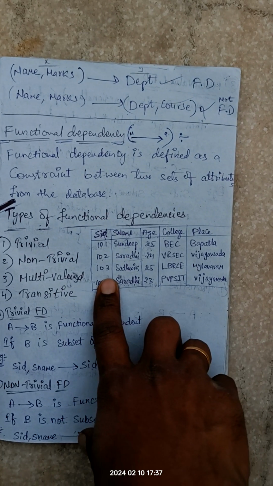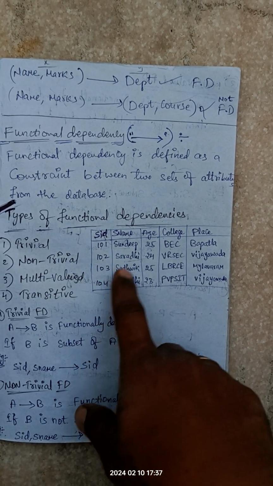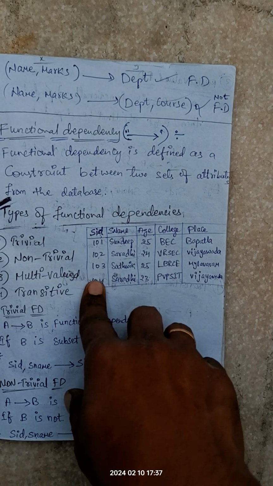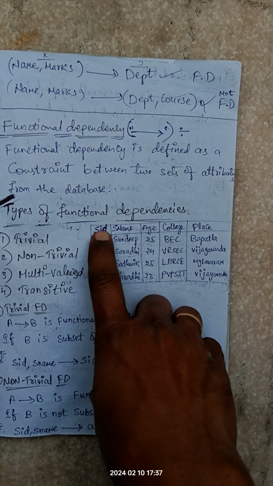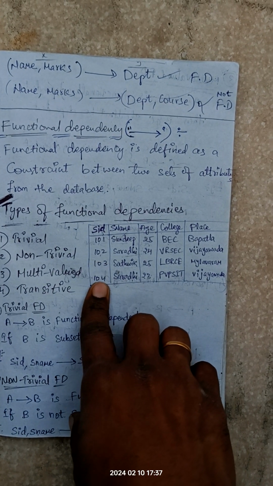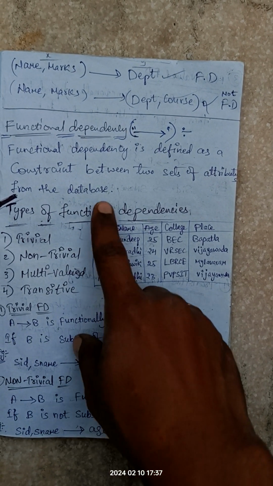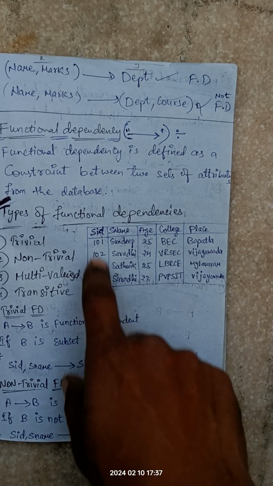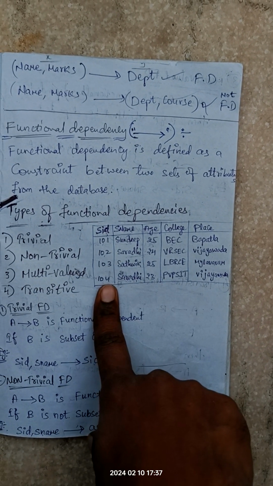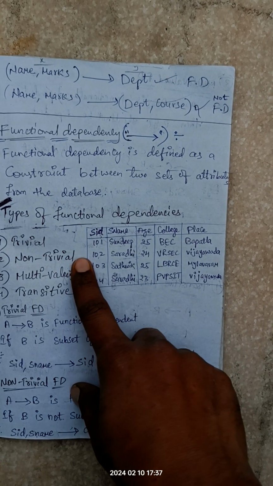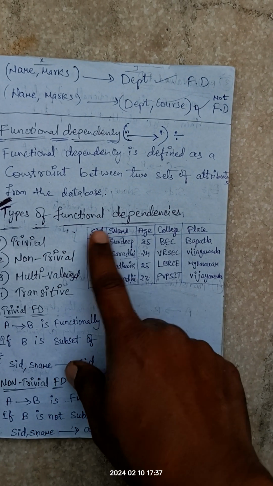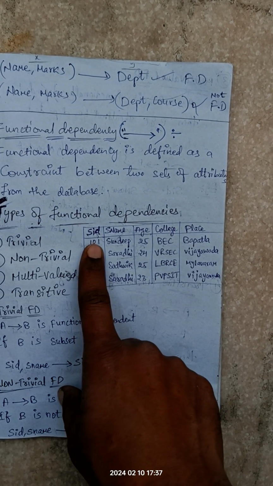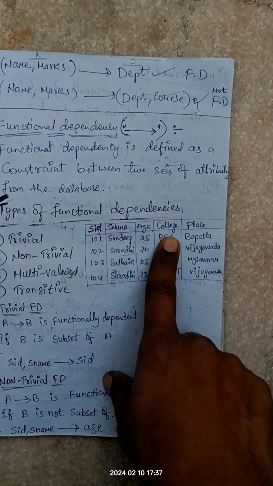For the same x values, do we have any different y values? No, we don't. We have all different x values, so there is no chance of same x values. If you compare the student ID with any of the attributes, then it is definitely functionally dependent.